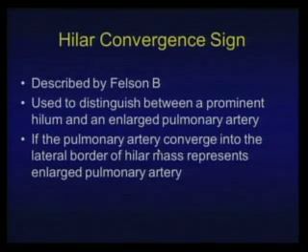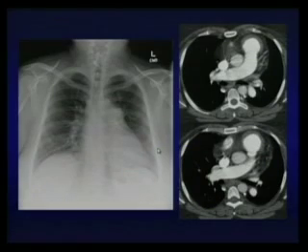Hilar convergence sign, another sign described by Felson. It's very important to distinguish between a prominent hilum due to a mass, for instance, or enlargement of the pulmonary artery. Here we have a prominent hilar region.